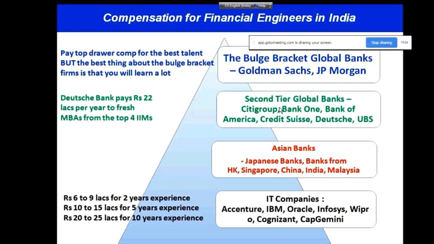Yeah, IIQF does conduct around 4 to 5 programs for various aspects of financial engineering and risk management. What course you should be doing, as I said, depends on what kind of profiles you want to target.